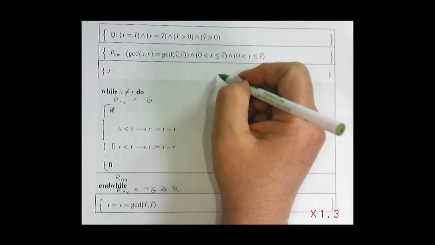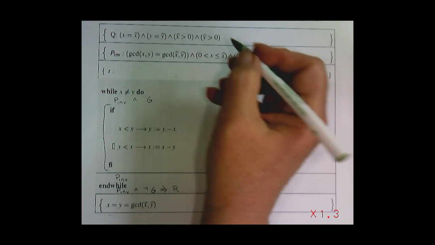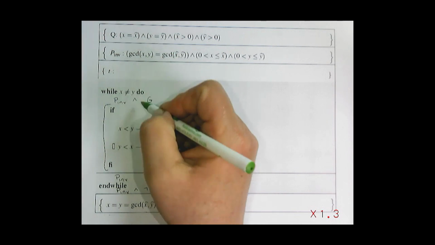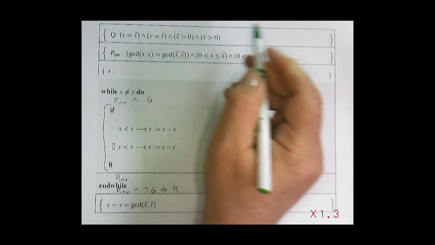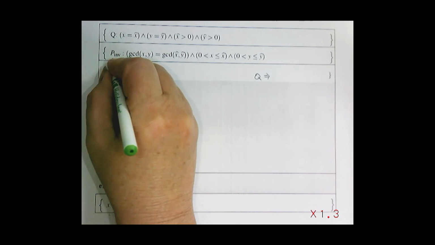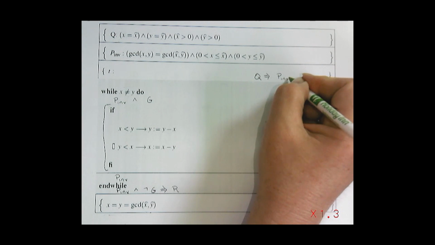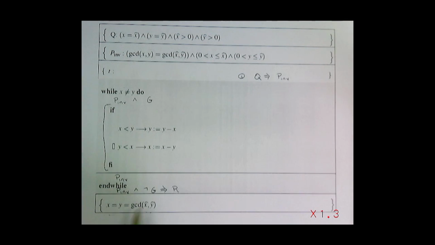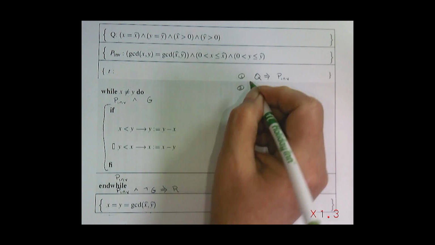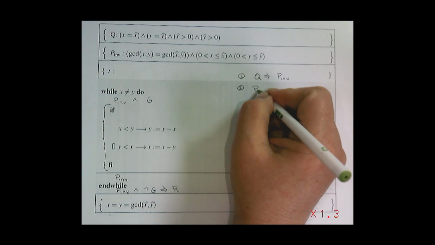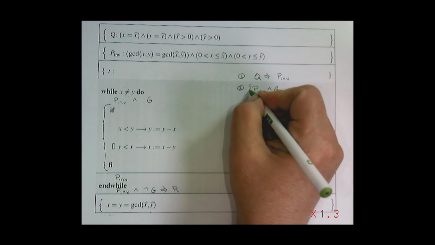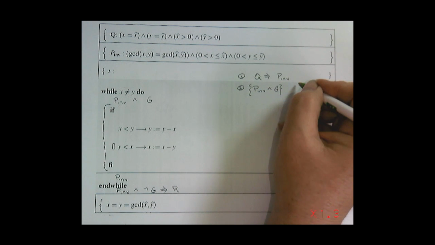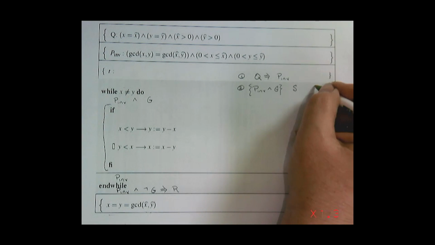So let's list out the predicates that we need to prove. Since there is no command before we enter the loop, the precondition must imply that the invariant holds. That's the first thing we would need to prove. Then we would need to prove that if the invariant holds and the guard holds, so we do perform an iteration, then we perform the command and end up in a state satisfying the invariant again.